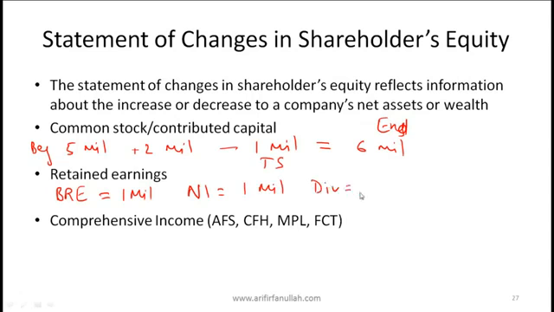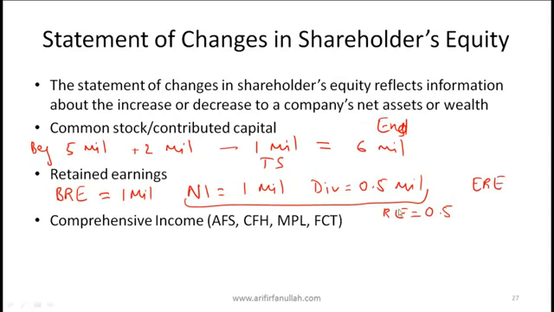So for this year the retained earnings were 0.5 million. So the end retained earnings will be 1 million plus 0.5, which is 1.5 million. So that's our ending retained earnings.